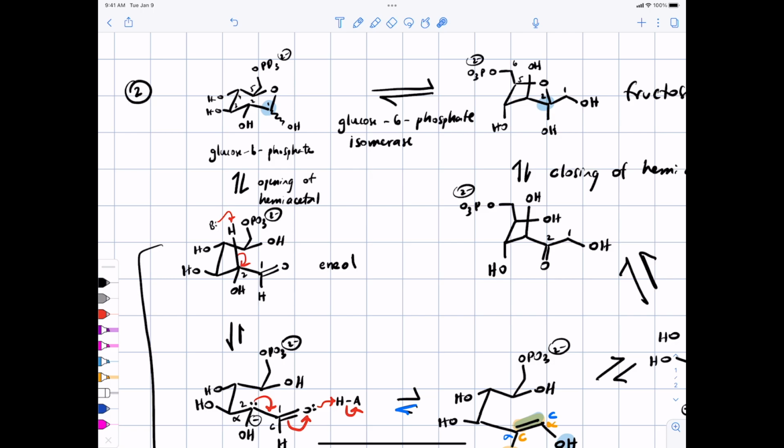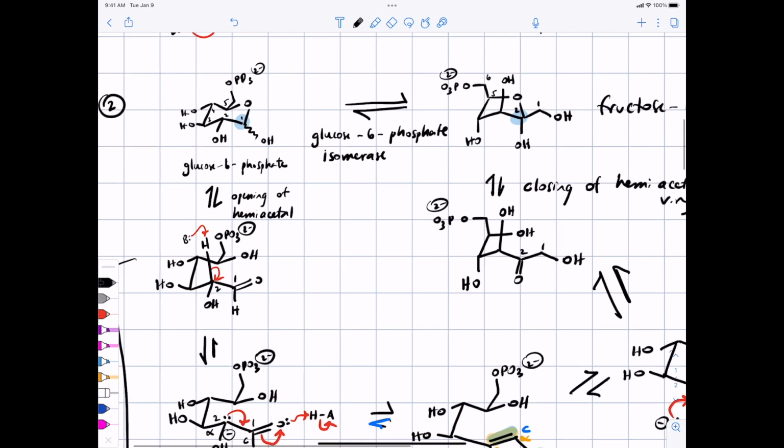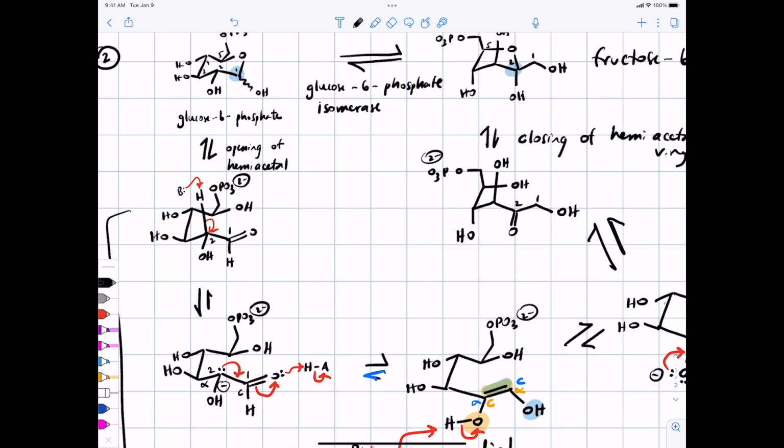Do you see an aldol product embedded somewhere in either glucose or fructose? What is the product of an aldol reaction?